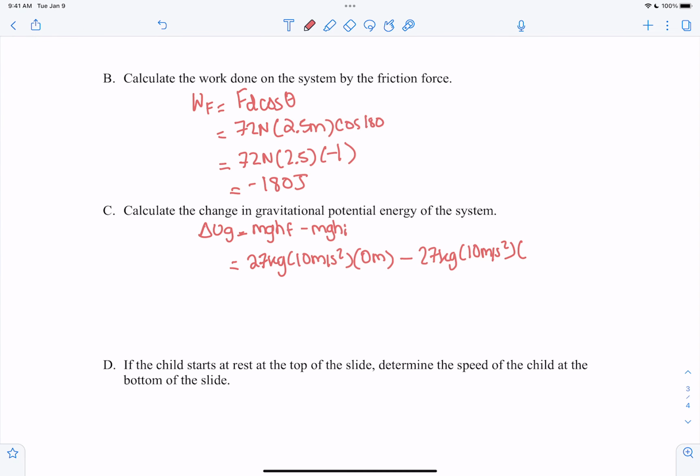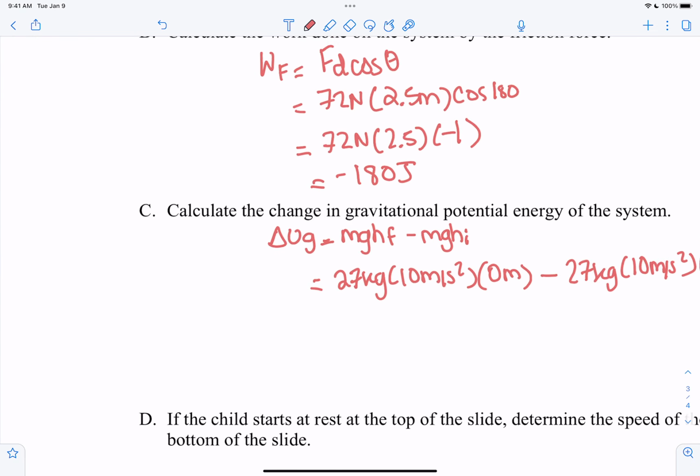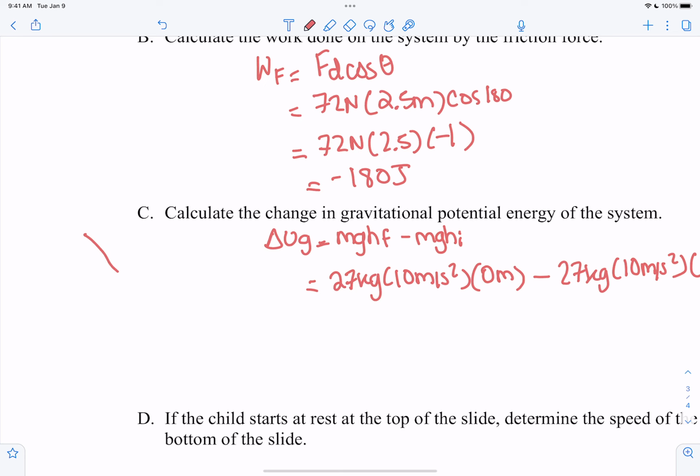And the initial height, we can figure that out using trig functions. So if that slide was 2.5 meters long and the angle is 38 degrees, if we want to figure out height, we can just take sine 38 is equal to our height over 2.5. So height is equal to 1.54 meters.